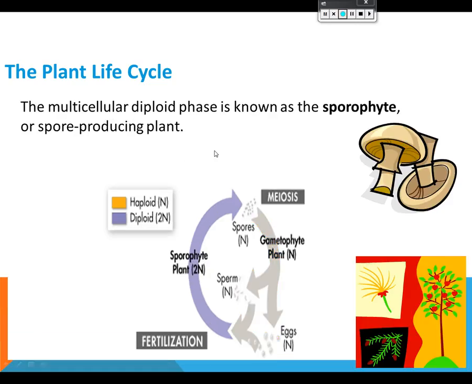So, the multicellular diploid phase of a plant is known as the sporophyte. It's a plant that's going to produce spores. The fern, for example, is a very common example of this. So in this sporophyte phase, eventually the plant is going to produce spores.